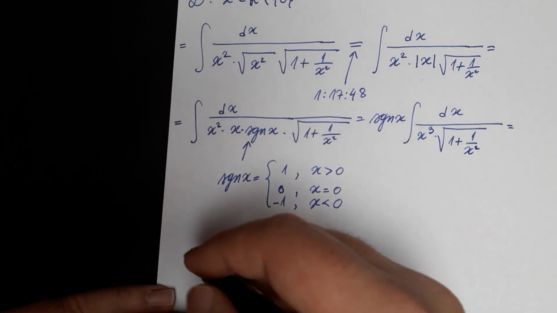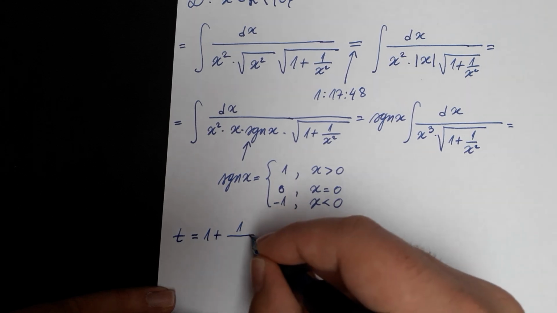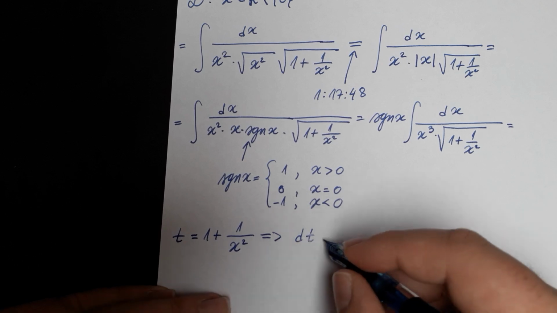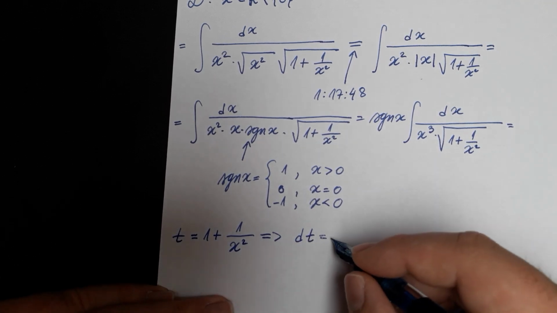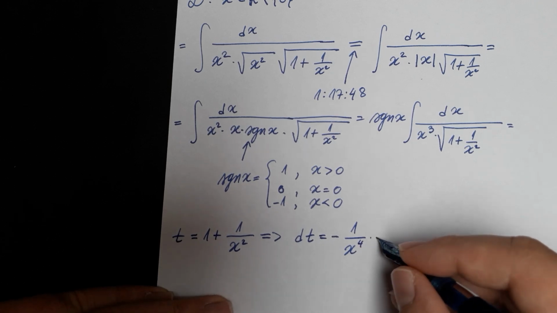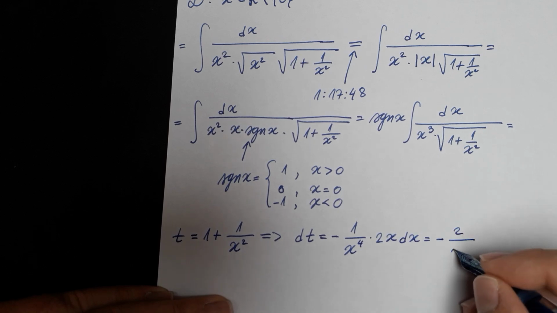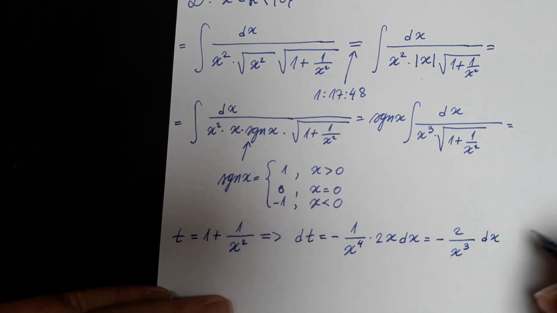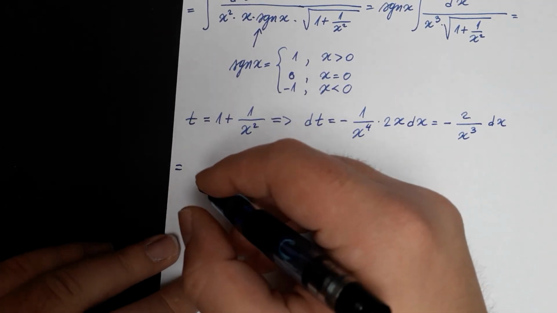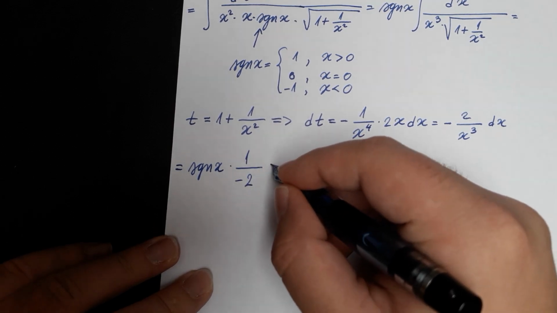Now in this step we are going to introduce a substitution that t is equal to 1 plus 1 divided by x squared, and then we get that the differential of t is equal to negative 1 divided by x to the 4th power times 2x dx, and this is equal to negative 2 divided by x cubed dx.